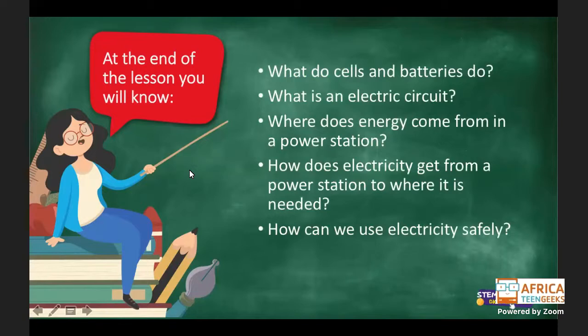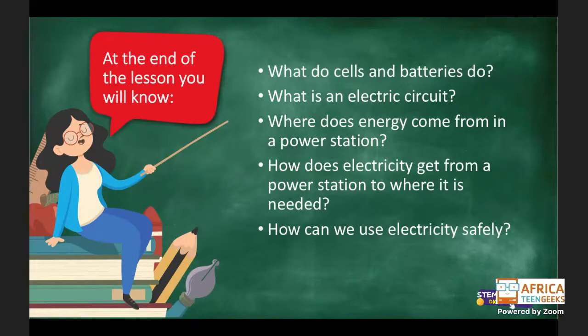At the end of the lesson, these are going to be our objectives. You will learn about what is an electrical circuit. As you are doing revision, we are going to learn about electrical circuits.